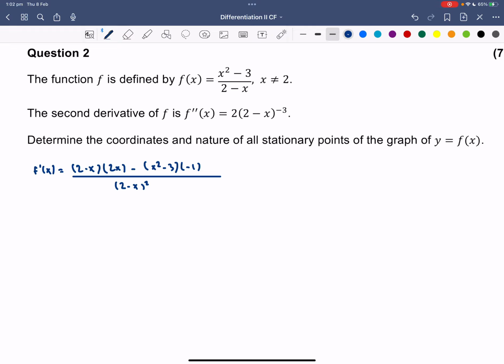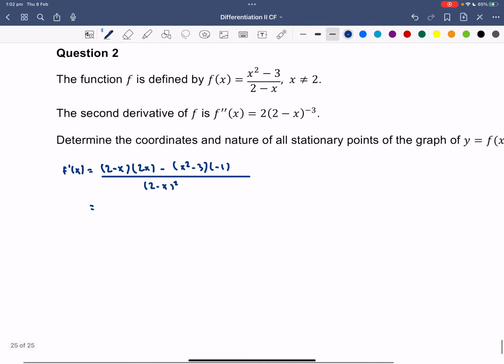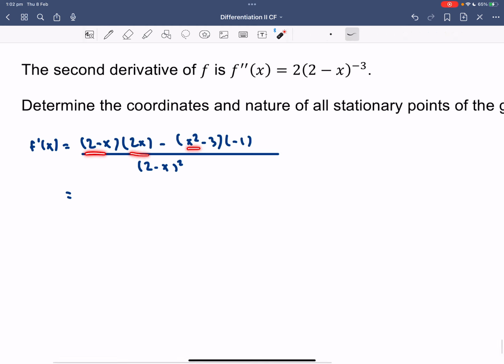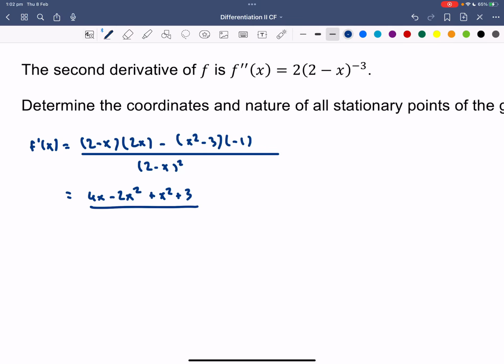I will simplify that because I need to let it equal 0. There's nothing I can factorize out really, so minus becomes a plus. We have 4x take 2x squared plus x squared take 3, all over 2 take x squared.